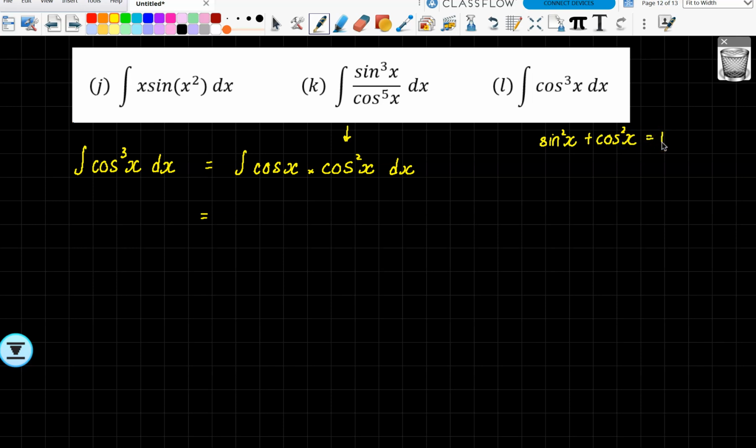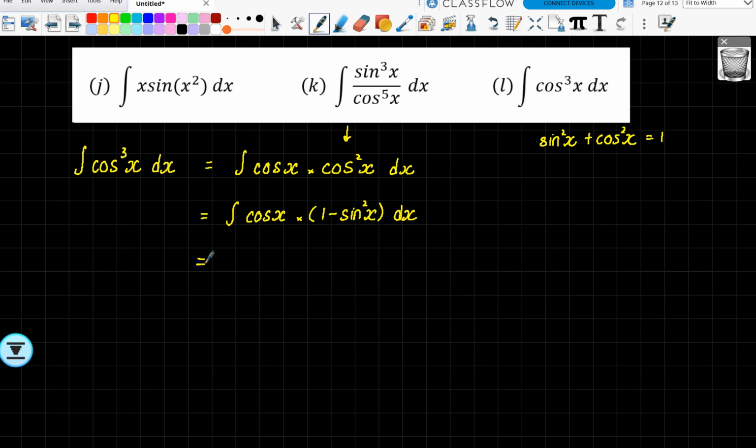So that means I can rearrange this, and we can have that this would then be cos x multiplied by 1 minus sine squared x dx.